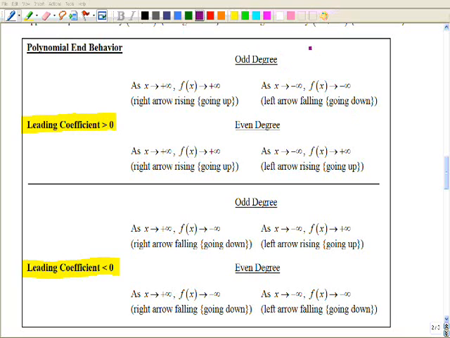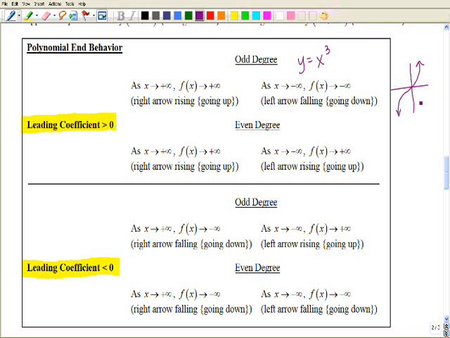Think of an easy, basic, odd degree polynomial, and you could get y equals x cubed. So this matches what we're talking about. The leading coefficient is greater than 0. This is a positive x cubed. And we have an odd degree because of that exponent. And remember that the graph of y equals x cubed would look something roughly like that.